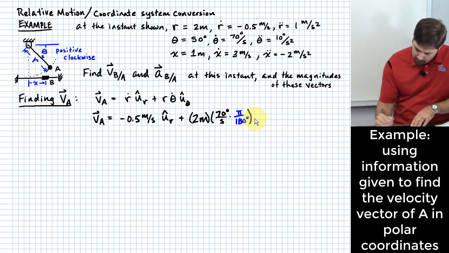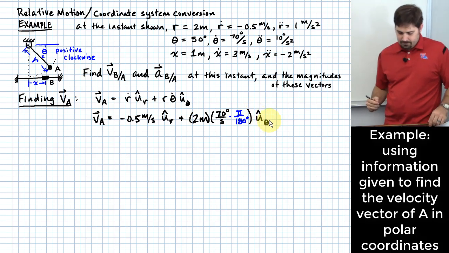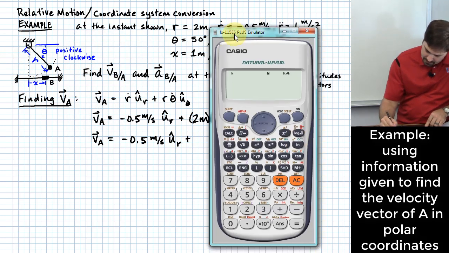And then I can multiply this by the unit vector in that transverse direction. Okay. So what I end up with here for the velocity of A is this one just stays the same, 0.5 meter per second times that unit vector in the r direction. Plus, let me go ahead and punch this in.